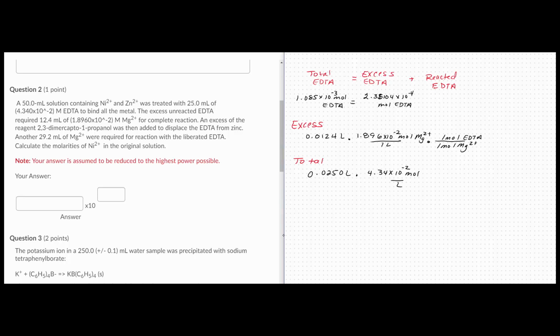And I don't know how much is reacted. I can find out how much is reacted with a simple subtraction problem. So I'm going to calculate that even before I read the rest of my problem.